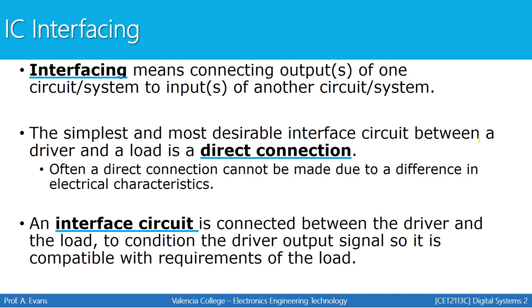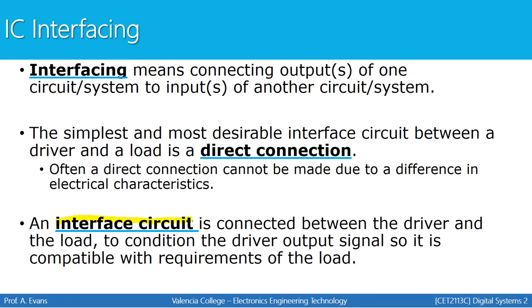And often a direct connection cannot be made due to a difference in electrical characteristics. So in the examples that we did before, those examples are great, but in the real world, we may not be able to connect the output of a NAND directly to something else. Sometimes we'll need an interface.